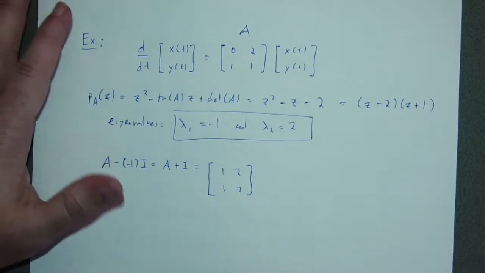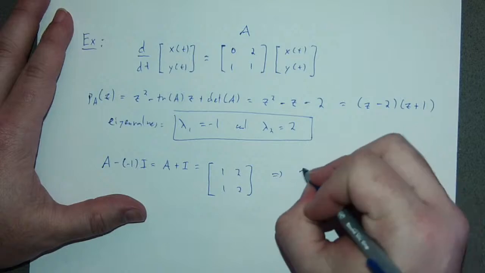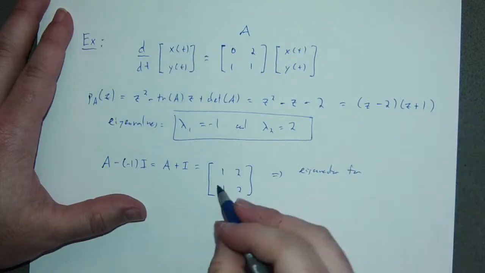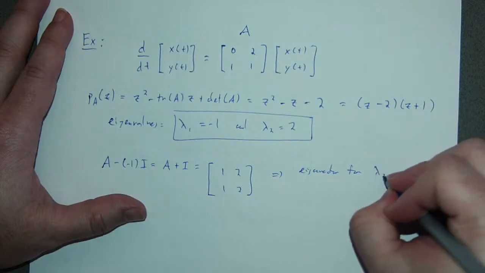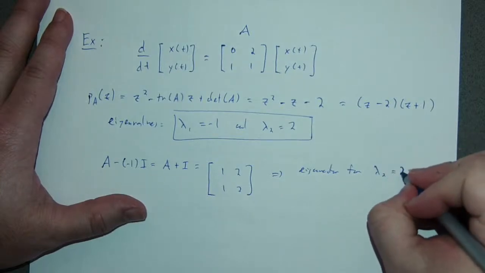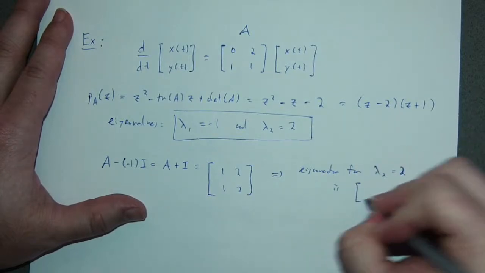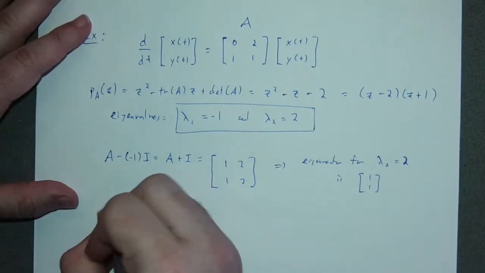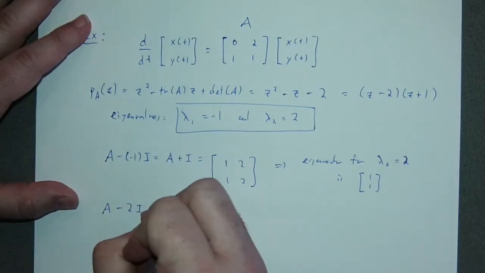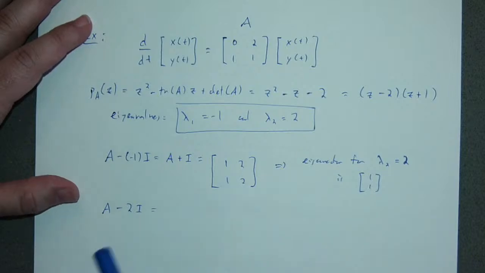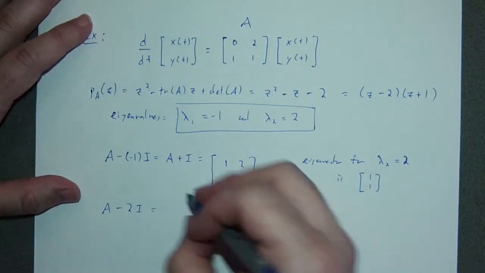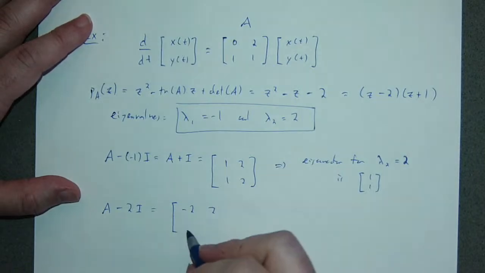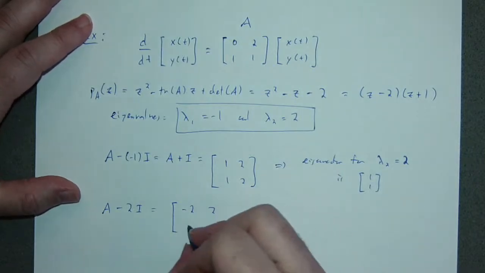So an eigenvector for lambda 2 equals 2 is 1, 1. And A minus 2I is, of course, [-2, 2; 1, -1].